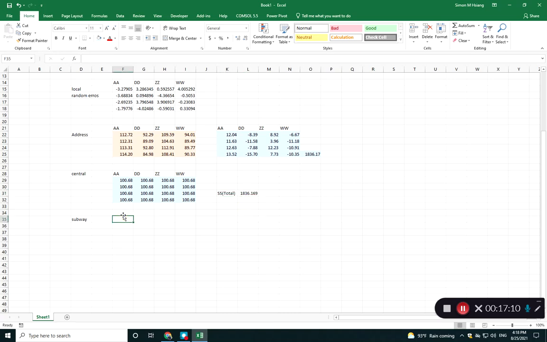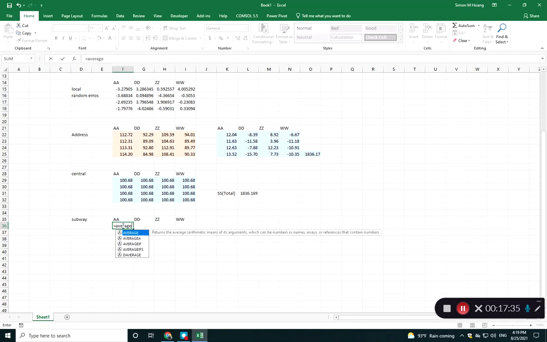Next. So let's measure the subway distance. So the subway distance equal to the average of what? The average of what? The average of these four, right?